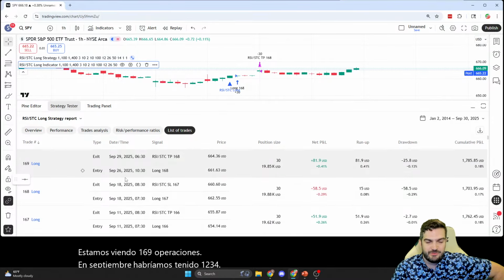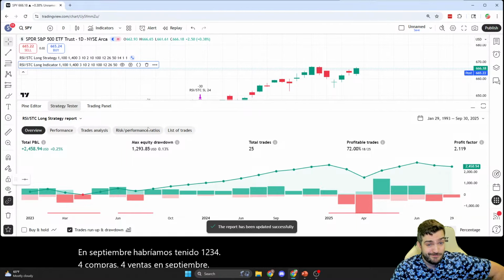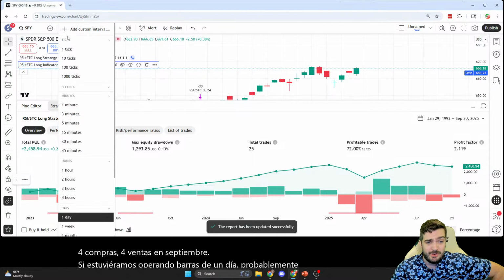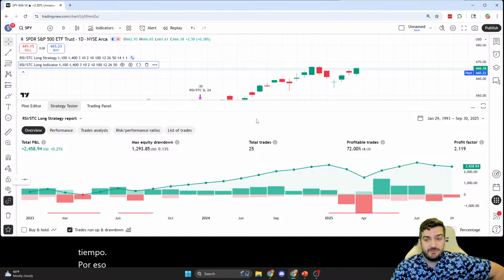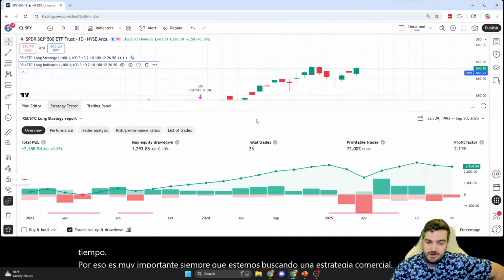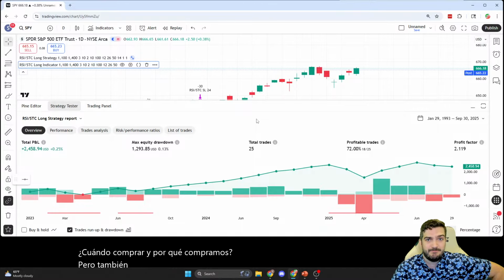If we were trading 1 day bars, we're probably going to be sitting around a lot longer. Which is why it's very important whenever we're looking at a trading strategy to not only know when to buy and why we buy, but also what to look at in the first place.